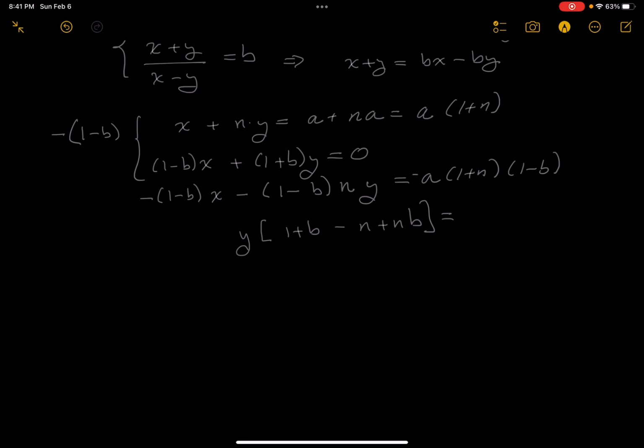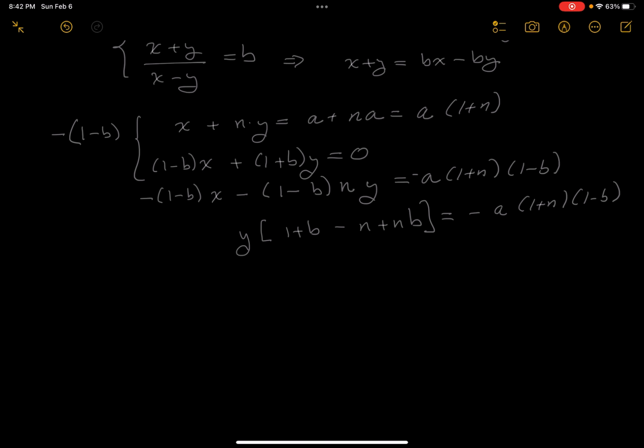I'm going to be careful and look at it again, make sure I did that right. 1 plus b minus n, and then plus nb. All right, I did okay. And this is going to be minus a times 1 plus n times 1 minus b.